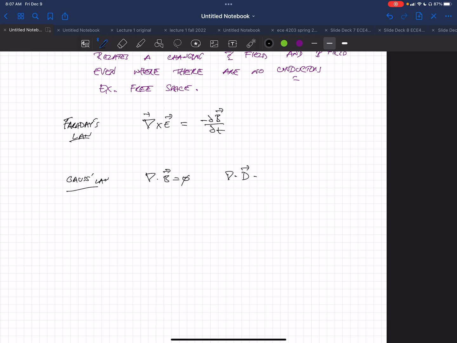Del dot D is the charge density, and B is mu naught mu R H, and D is epsilon naught E. And then we have the charge conservation equation, which also did not change.